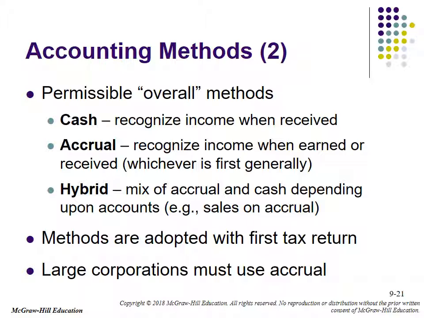Hybrid is a mix of accrual and cash. Hybrid is more cash related, and that's the method that's followed, except for when it comes to accounting for inventory. You adopt your method with your first tax return. As we discussed in a prior chapter, large corporations must use accrual.